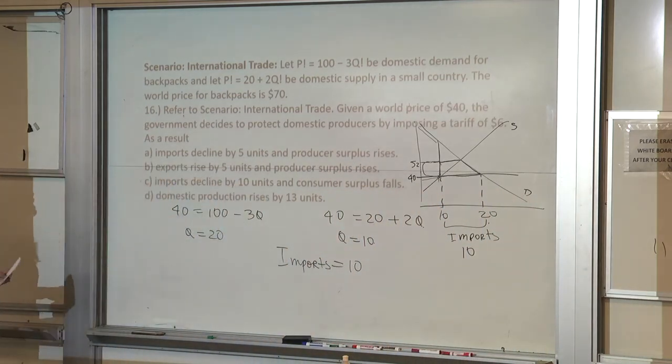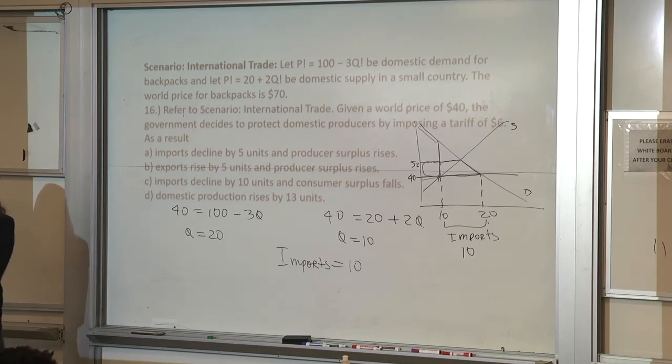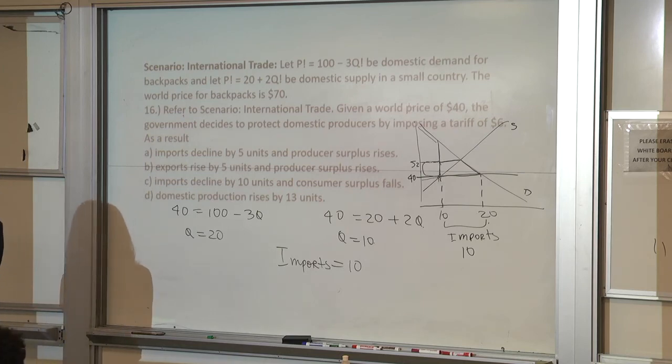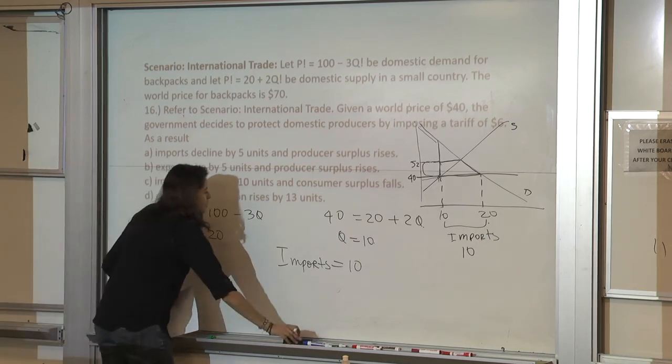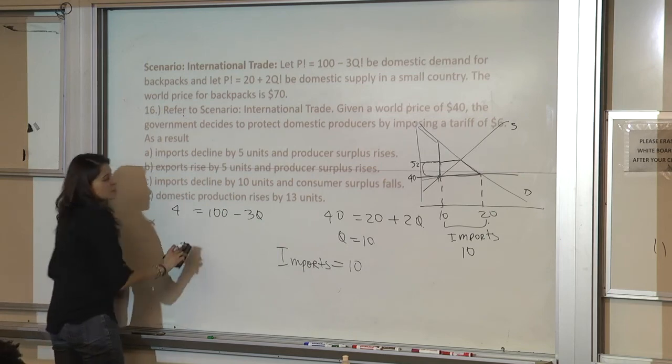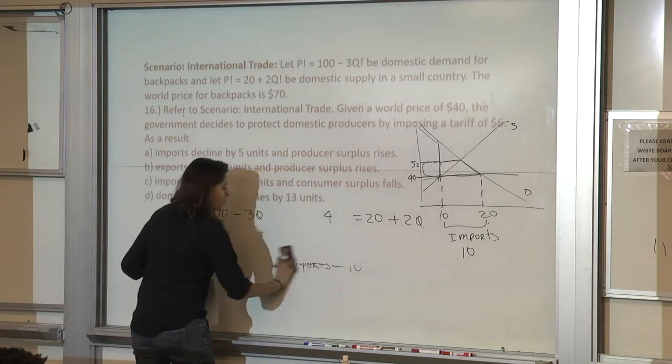So now, given that the world price is 40, the government decides to protect domestic producers by imposing a tariff of 6. So what is a tariff of 6? Now it's a change in prices. Now the world price becomes 46 for you because you have to pay extra for the goods that are coming from outside. So you just do exactly the same thing that you did before.